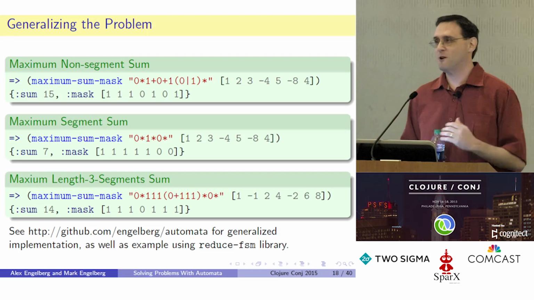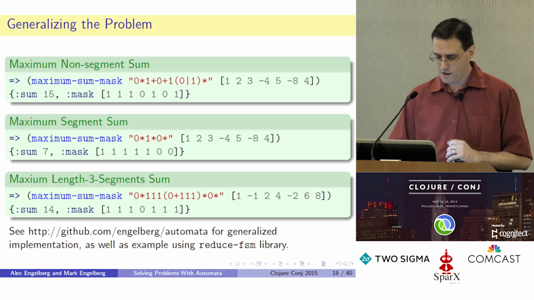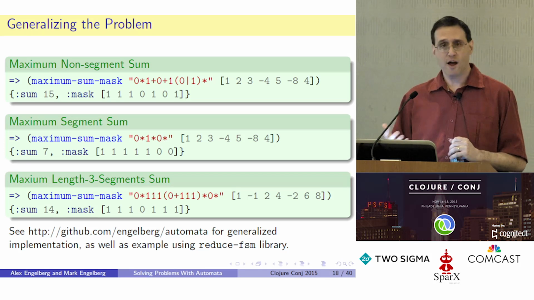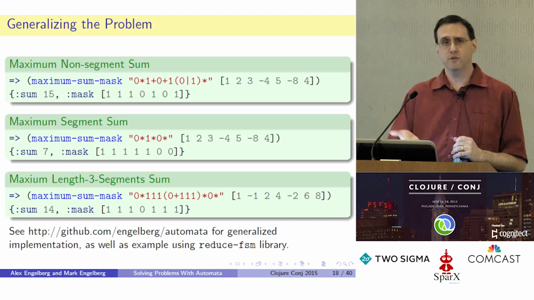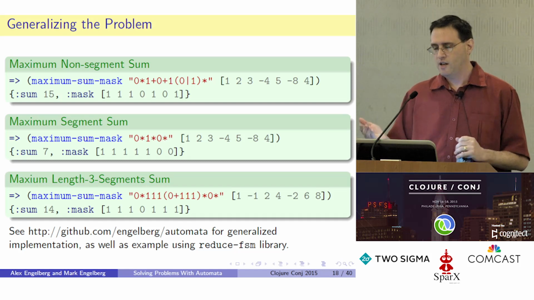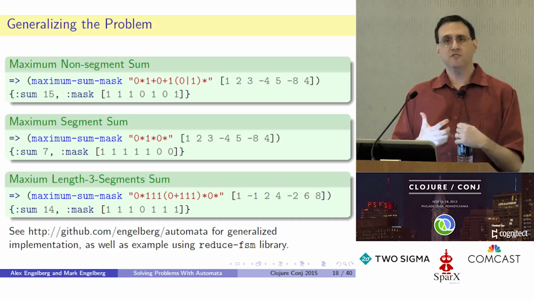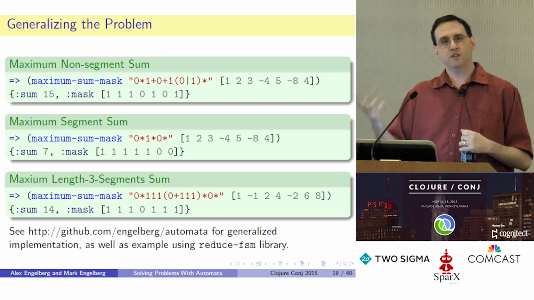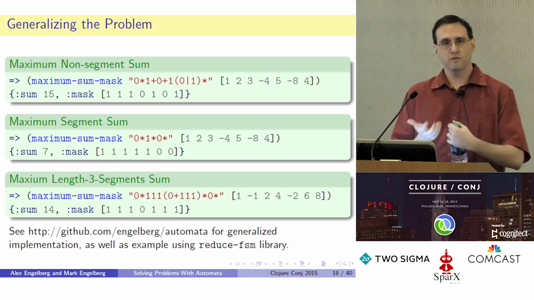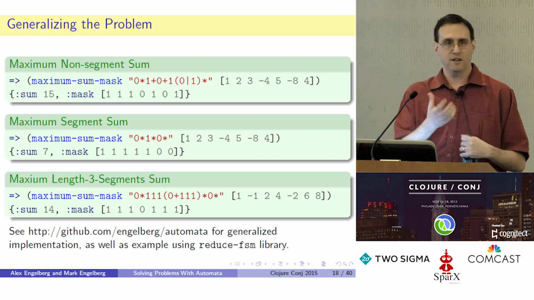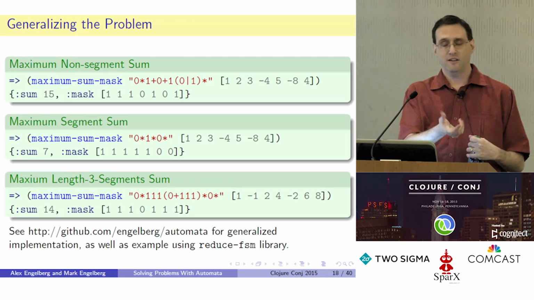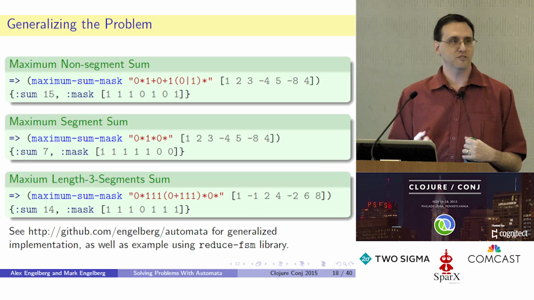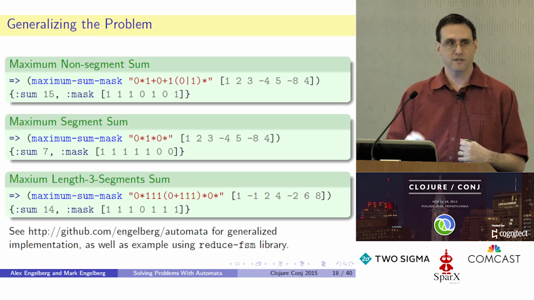We have a lot more we want to cover, but hopefully this gives you a sense of some of the power of what you can do. Basically what's going on in the algorithm, if you look at the website, is I'm using instaparse to pull apart that regular expression string, and then I use the automat library to rebuild the actual automaton, and then extract the state transitions out of it to do the exact algorithm that I did before.